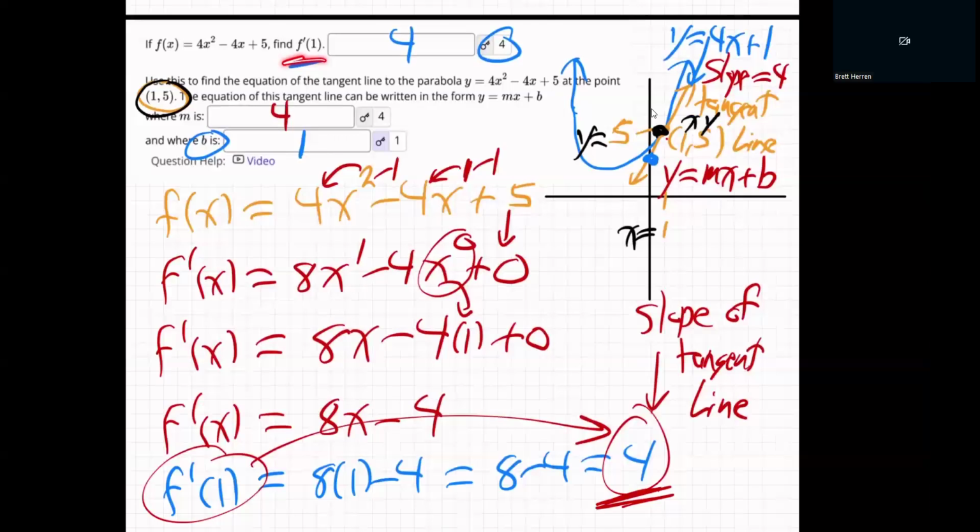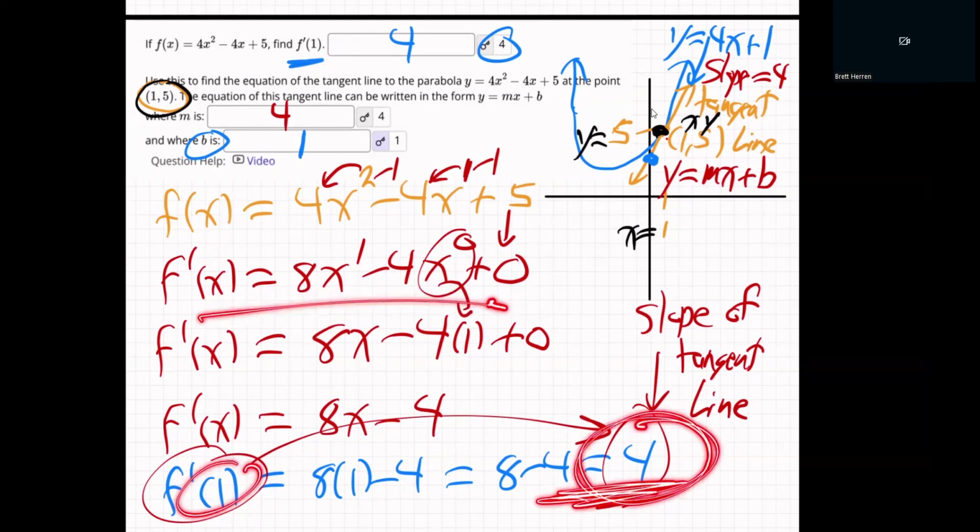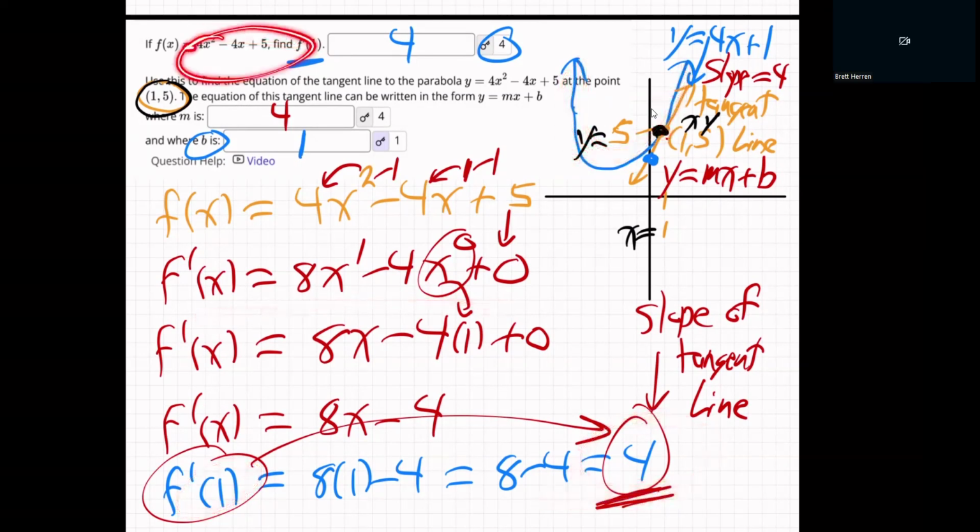So that's how we do it. They ask us for the derivative. We do the derivative rule, plug in 1, and the answer we get is the slope of the line tangent to the curve. This U shape is this 4x squared minus 4x plus 5. That's what this blue curve is. And then when we take the derivative at a point, plug in 1, we get the slope of the line that's tangent to the curve, that barely nicks the curve right at that point, slope 4.